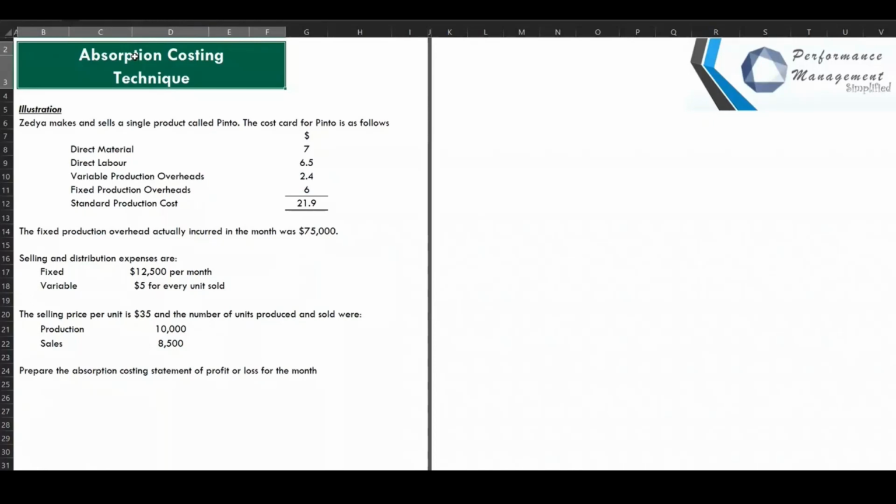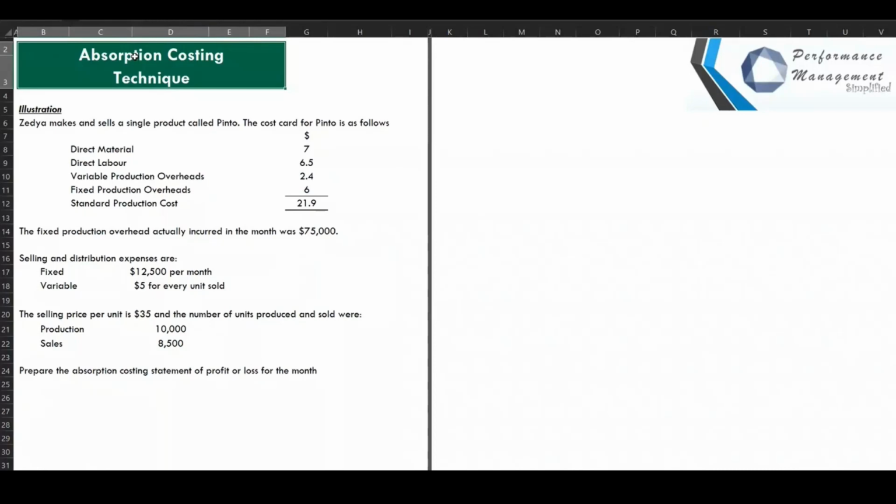Taking a look at the example we have on your screen, Zelia makes and sells a single product called Pinto. The cost per unit for Pinto is as follows. We have direct material, direct labor, variable production overhead, fixed production overheads. Everything sums up to the standard product cost of 21.9. We also have the fixed production overhead actually incurred in the month to amount to $75,000.